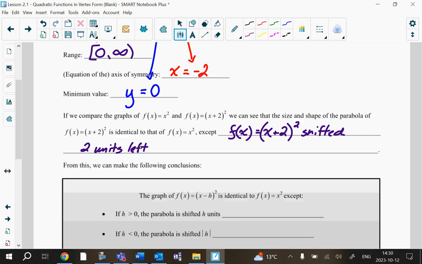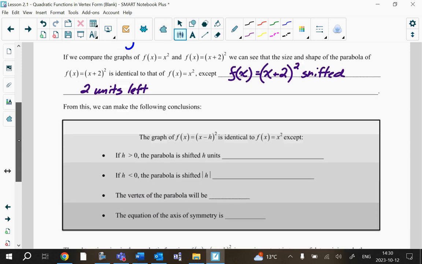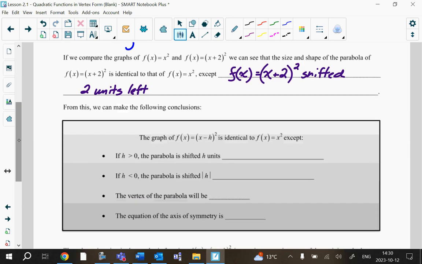To summarize, remember, it has to be in the form x minus. So if it's in the form parentheses x minus some number squared, if this is positive, meaning x minus 2 or x minus 3 or x minus 5, we move h units right.